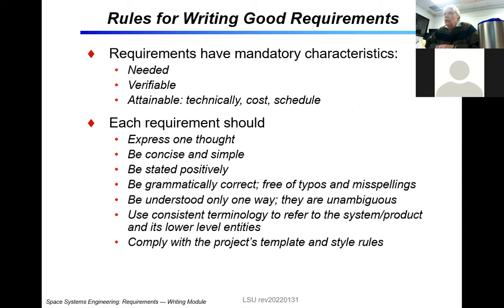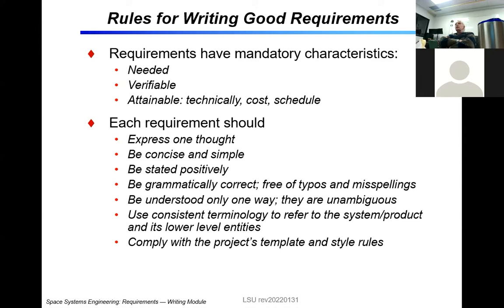Requirements have to be needed, verifiable, and attainable. You need to be able to attain a requirement, technically or within cost or within schedule, whatever it is. Each requirement should express one thought and only one thought. They should be concise. They should be simple. They should be stated positively.